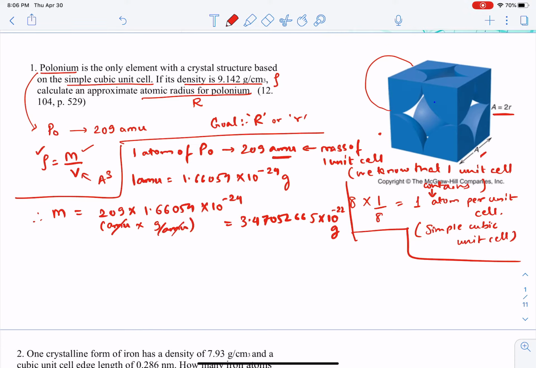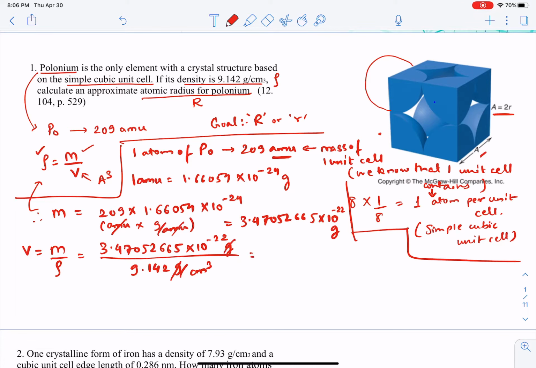Now we'll substitute that and find the volume. Volume becomes mass upon density. I substitute the mass, and then put the density from above, 9.142 grams per centimeter cube.